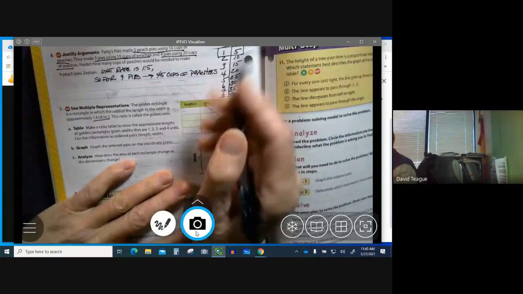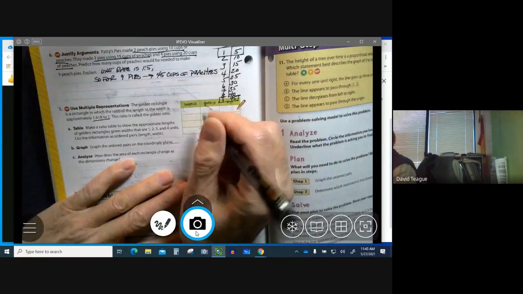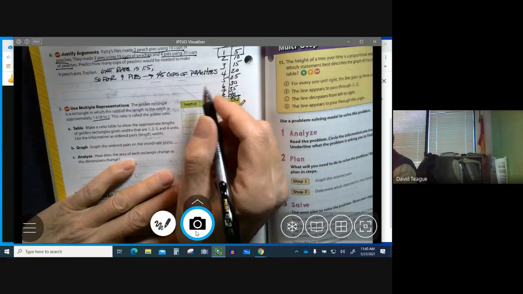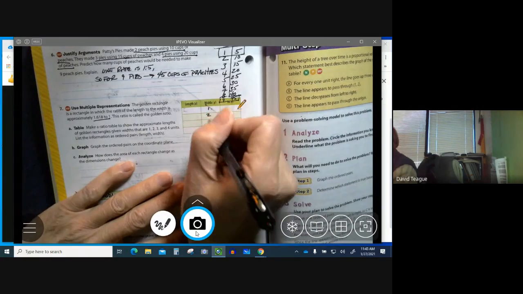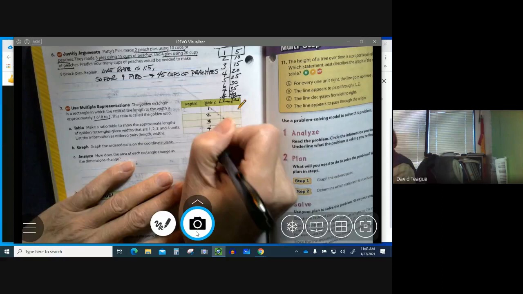Okay, so we have our table here. It's telling us that the widths are 1, 2, 3, and 4, so let's go ahead and put 1, 2, 3, and 4.